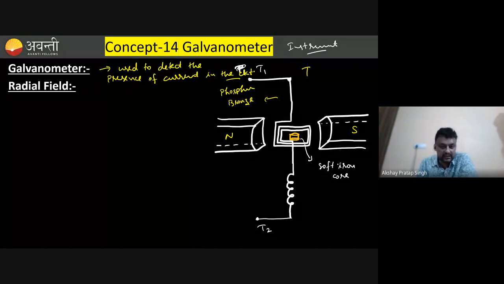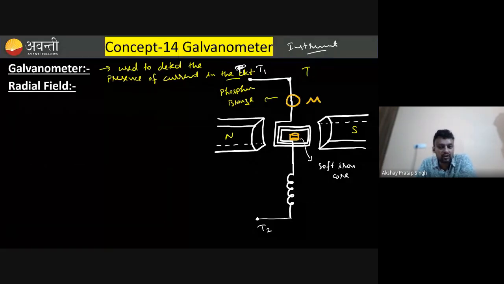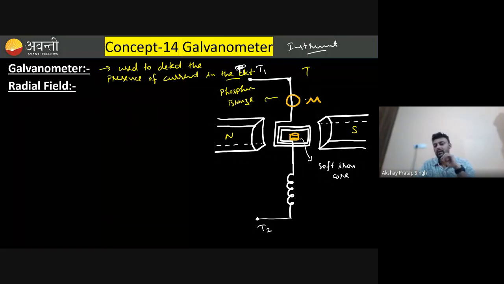One more thing in the circuit, there is a mirror attached to this phosphor bronze strip. Now, this complete setup is placed inside a vacuum box, or you can say a glass box. Only T1 and T2 are the terminals which are outside the box.